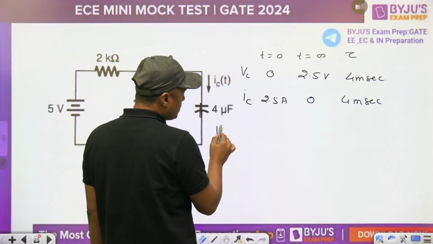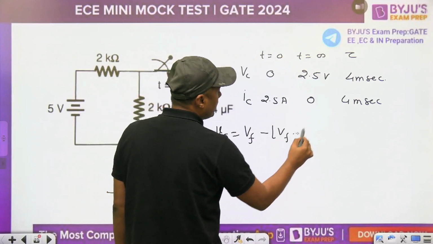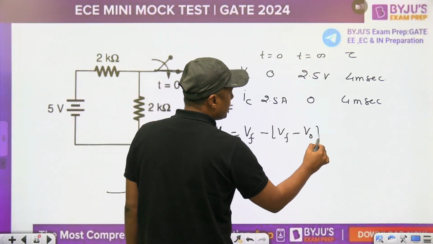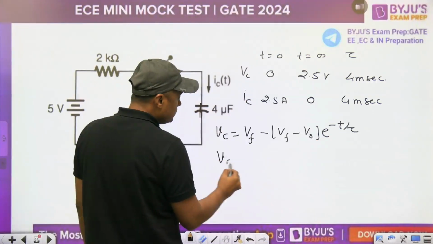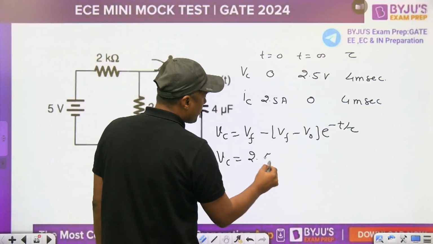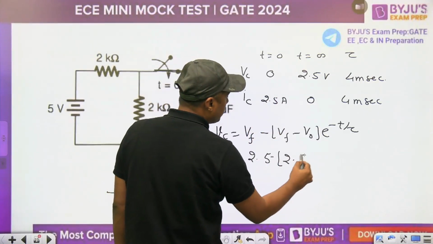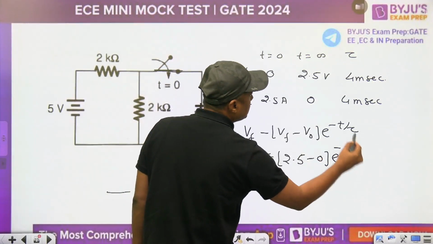First, what is the voltage across the capacitor? V final minus V final minus V initial e raised to power minus t by tau. Then it will become V final. What is the V final? 2.5 volt. V final 2.5, V initial 0, e raised to power minus t by tau. What is the tau?